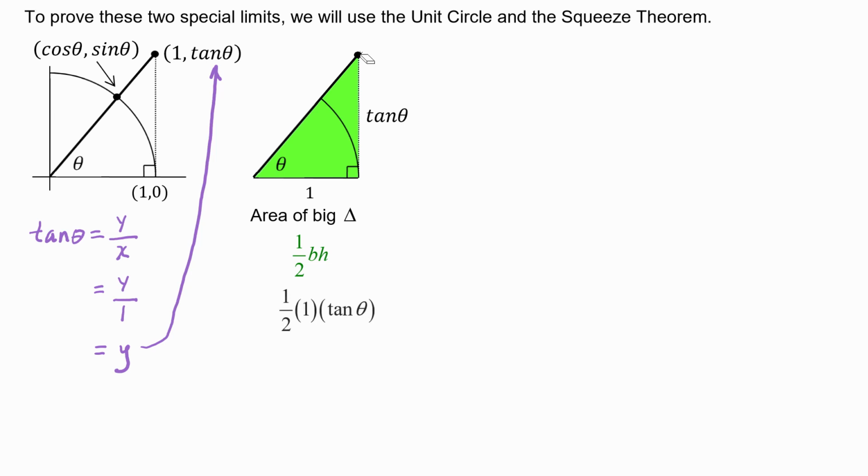So that would be 1/2, the base is 1, and the height is tangent theta. Now we can say that the area of that triangle will be greater than or equal to the area of this sector which lives inside the triangle.